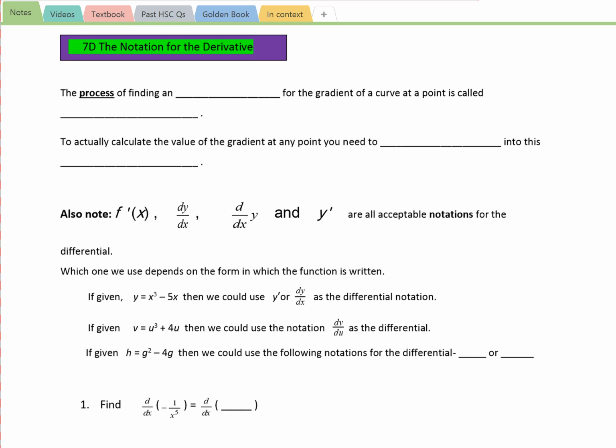And just in general, always be aware that if for some reason you know that you could simplify the function given to differentiate, for example, if you were given that f of x, just for some reason they'd written it as 2x plus 5 minus x, we wouldn't differentiate this in this format. We would rewrite this as 2x minus x is x plus 5, and then we would differentiate.